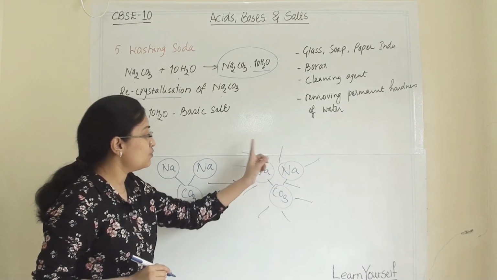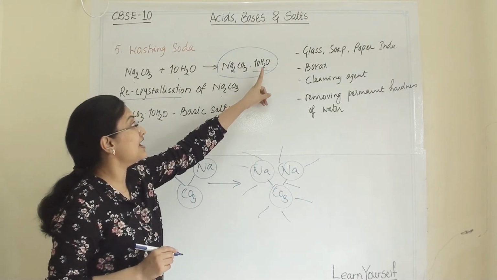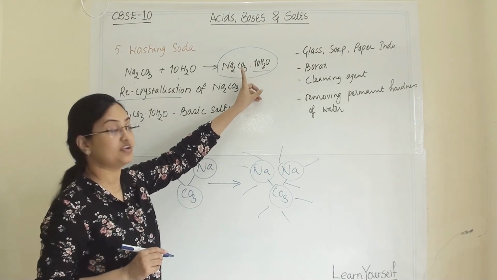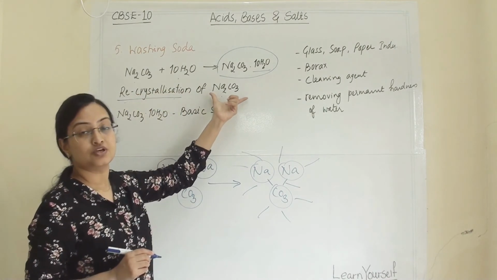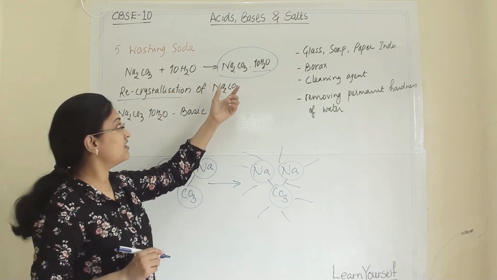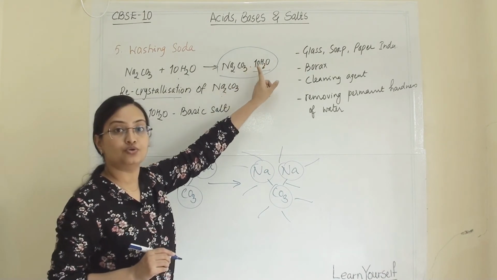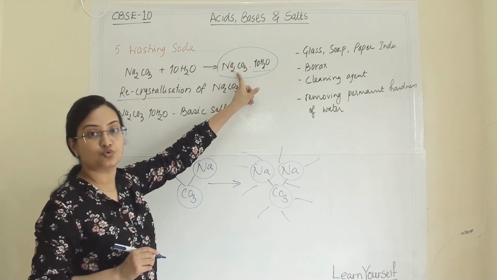So within one molecule of sodium carbonate, 10 water molecules have joined. This is known as recrystallization of sodium carbonate. Once you heat this salt, the water molecules will evaporate and you will again get dry sodium carbonate.